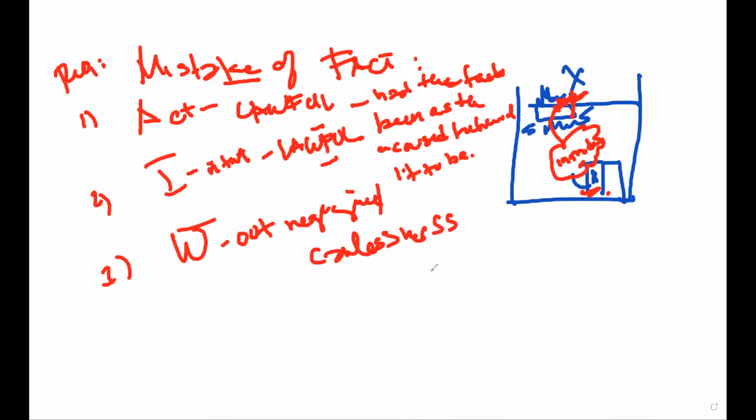Walang carelessness and without negligence. How was it shown? Diba sabi ni Achong, he asked question, who are you? But the question was left unanswered. So with these three requisites present, then there is mistake of fact, then there is no criminal liability. Okay?